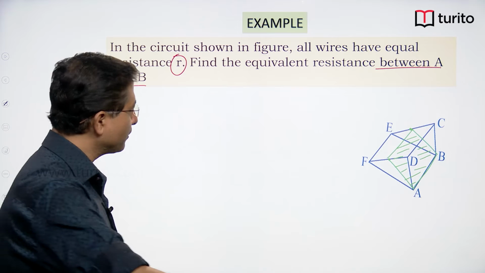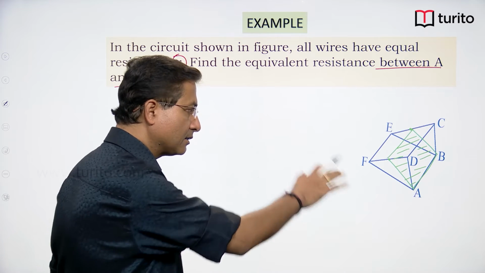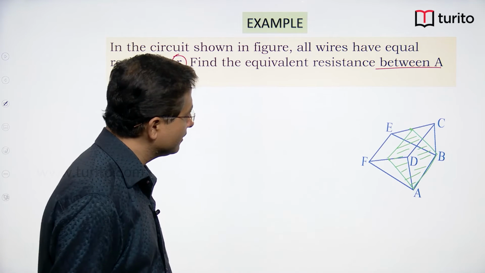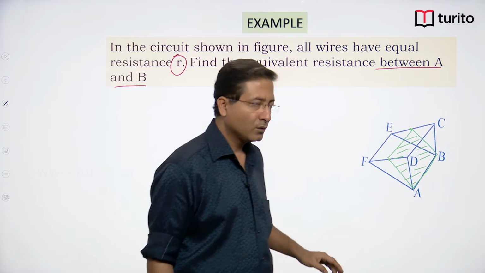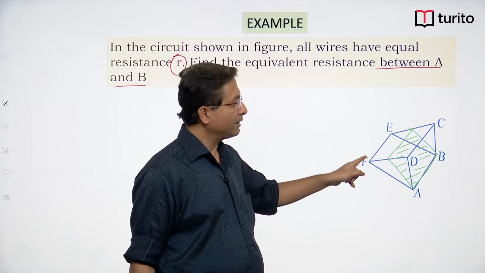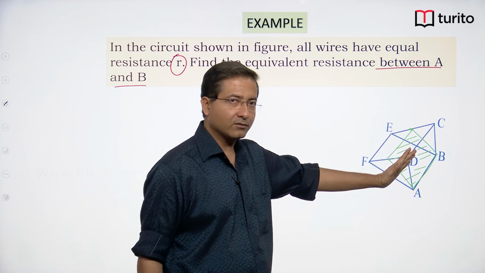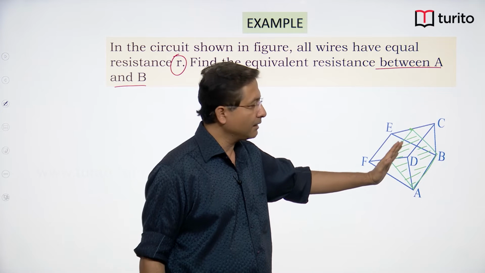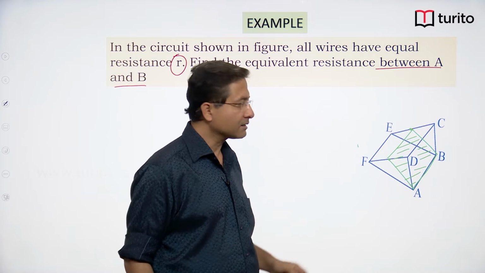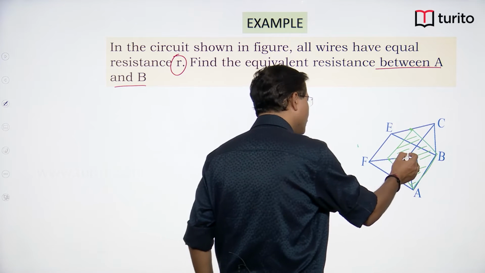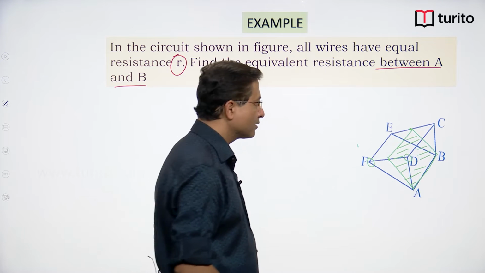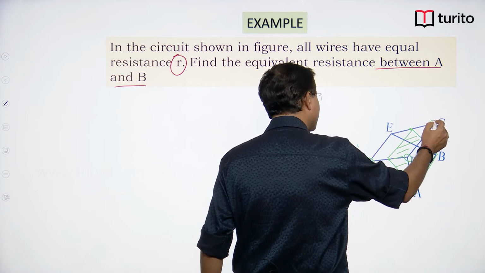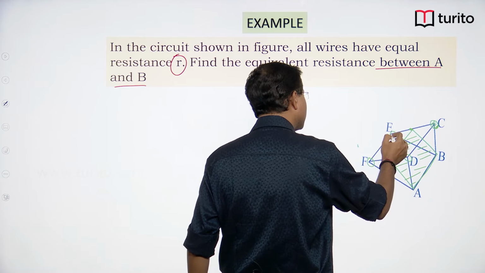So passing through AB, there is a plane which is cutting this whole thing into two equal halves. Point D is on this side of the plane and point F is on the other side of the plane. So potential here and potential here are the same. Similarly potential here and potential here are the same.